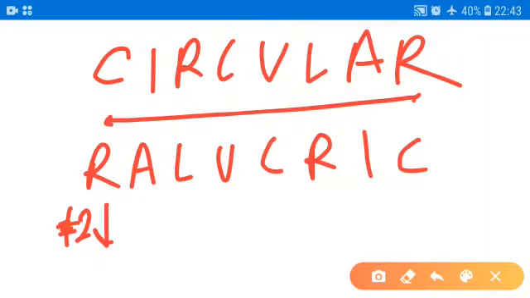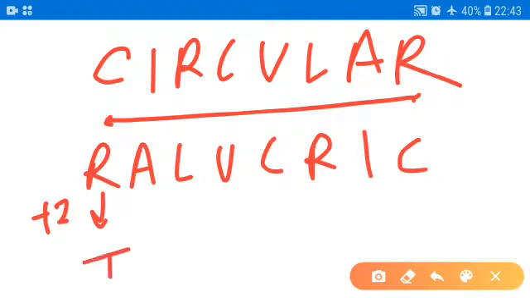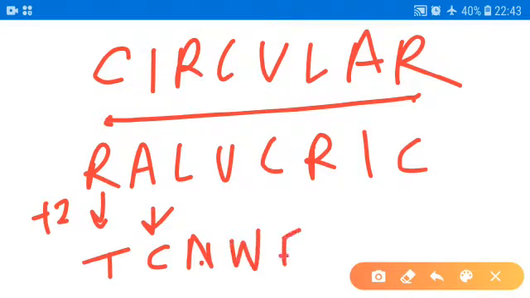R, then S, then T. So after plus 2 it will be T. Then after A, B and C. Then after L, two steps forward will be N. Similarly, we will have W, E, T, K and E.